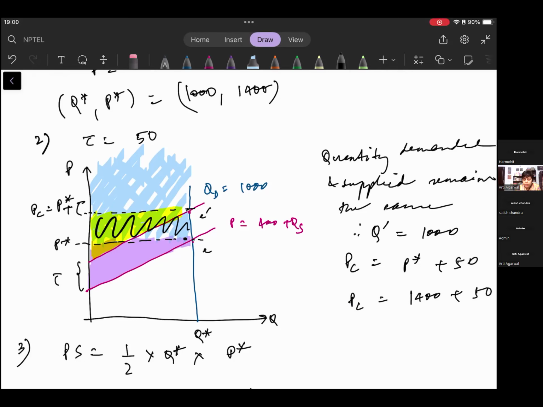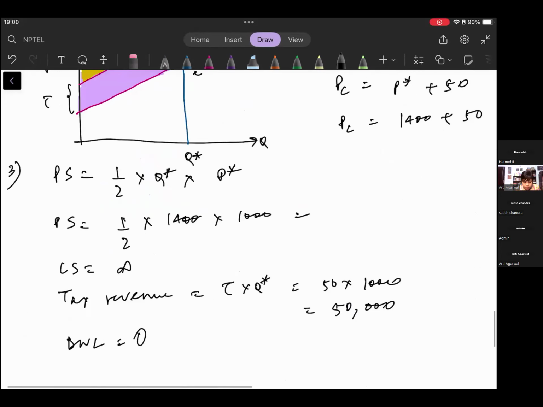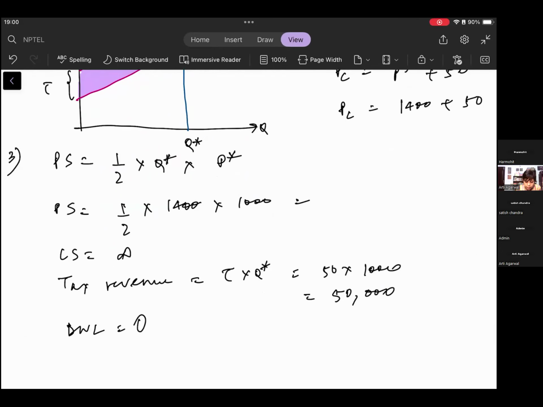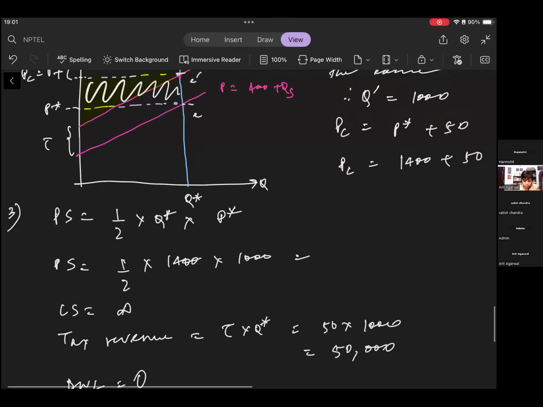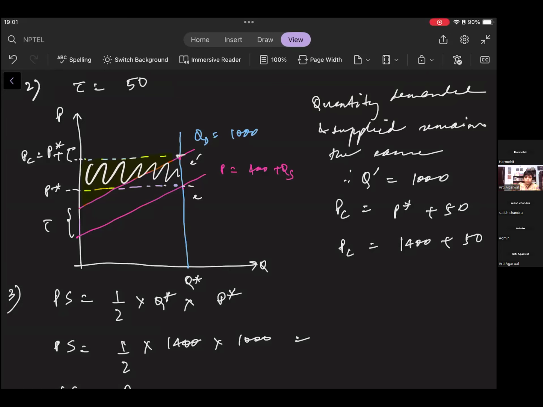The tax has been levied on the seller, but it is not the seller who is actually paying it. It is still the consumer bearing the burden of the tax. And the deadweight loss is 0. So basically, the government gets a nice earning in terms of tax revenue from the consumer.